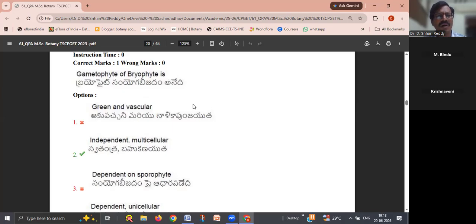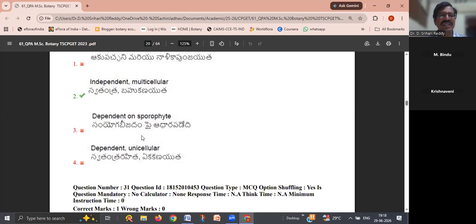So in bryophyte, what they are asking: gametophyte of bryophyte is green and vascular, that is one option. Independent multicellular, that is one option. Dependent on sporophyte, it is wrong, because gametophyte is dominant.